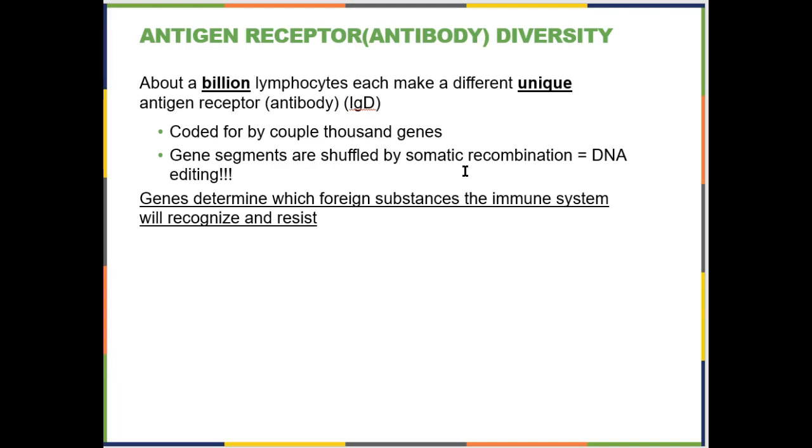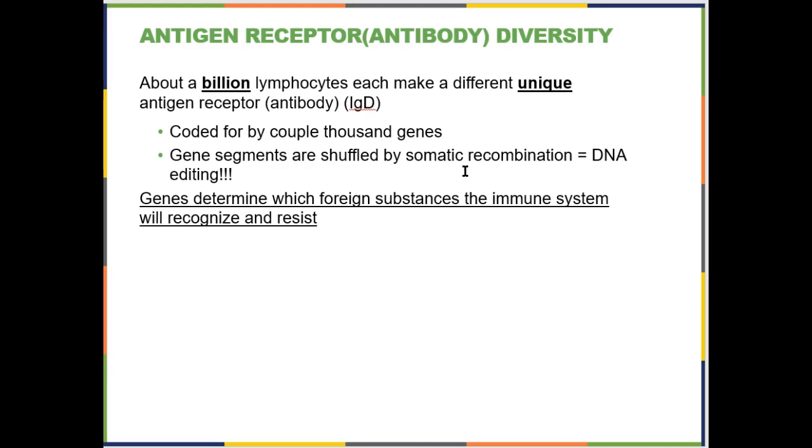Every cell in your body has all of the same genes. This is why you can start as a unicellular fertilized egg, and then that egg can divide into different cells, and all the cells can differentiate, and all of the genes that you need to make your neurons and your skin cells and your muscle cells, all of that information is found in the nucleus of that original egg and passed on to every cell in your body, so that any cell in your body can make any protein in your body if given the right developmental cues.